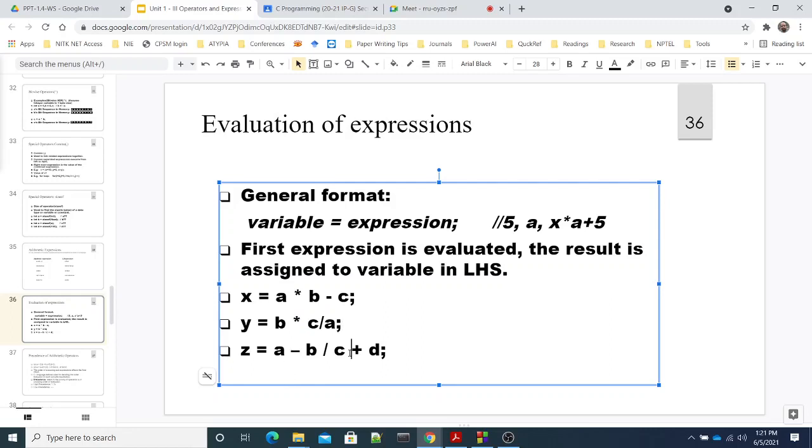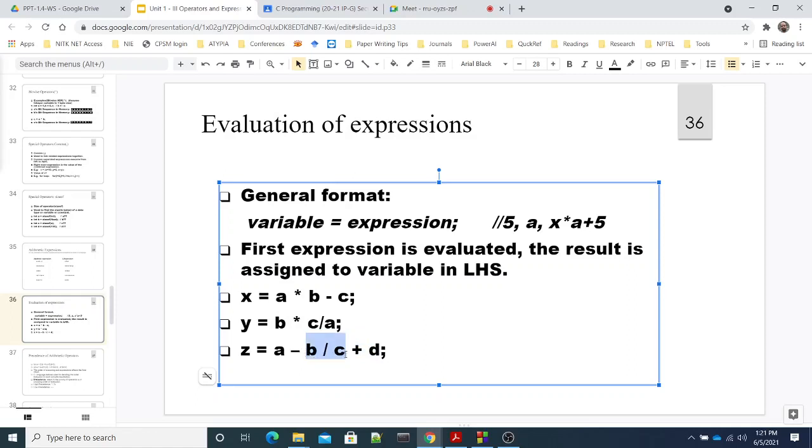Here there is no conflicting operation. First division will be taking place, because of the first division. Then in mathematics, after that addition will be taking place. According to BODMAS, addition is coming first.